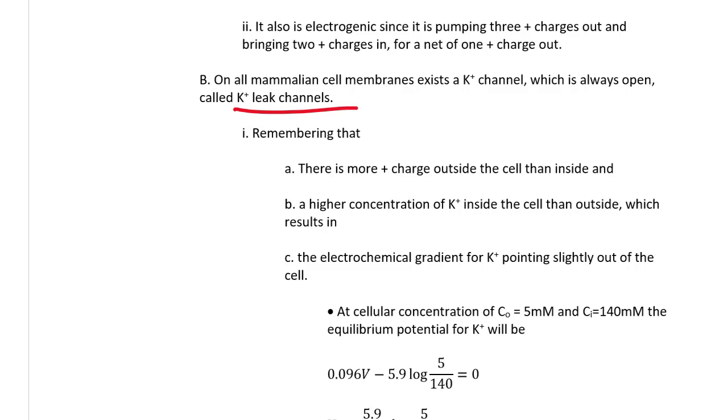Which direction will potassium flow? Because remember, making the cell permeable with a channel will only allow the ion that channel conducts to move down its electrochemical gradient. So which direction is the electrochemical gradient for potassium pointing? Is it pointing out of the cell or into the cell?